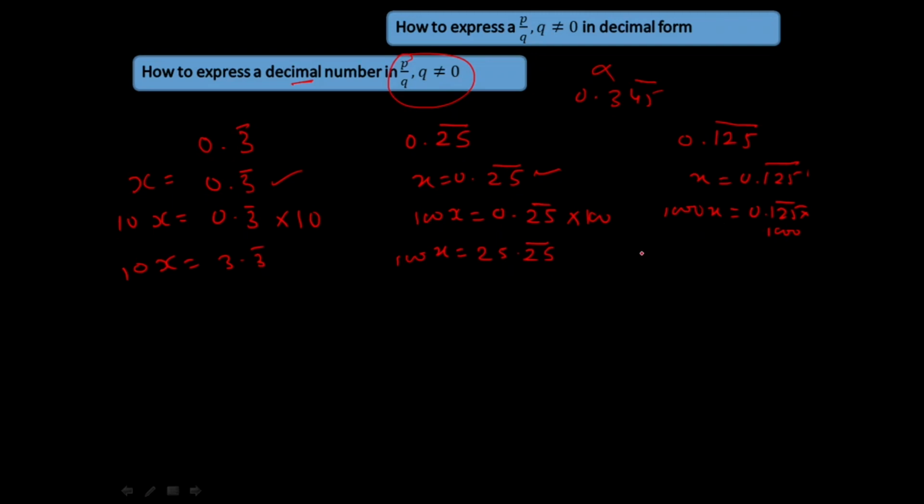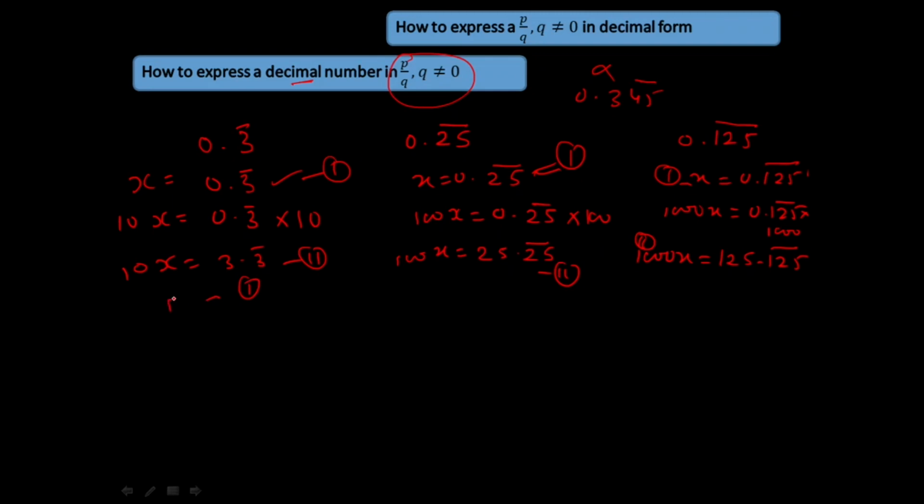Same here, this is 1000x, and here will be 125.125 bar. After this, assume the given part as 1, this as 2. Same in all, this is 1 and this is 2.